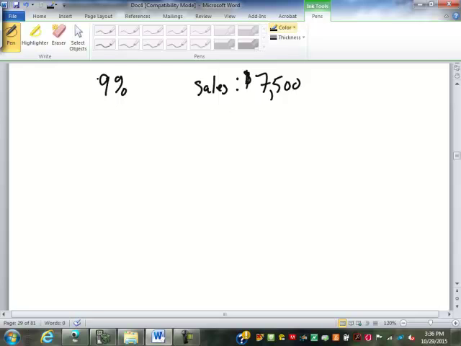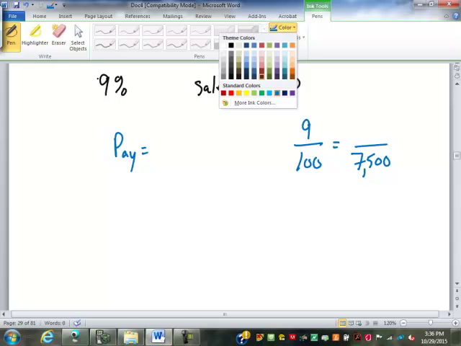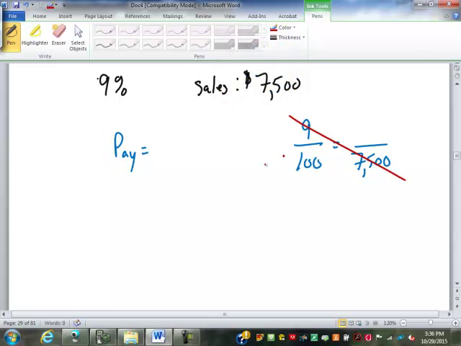Find what your pay for the week would be. $675? Perfect. So 9% is 9 out of 100. How much is that out of 7,500? You cross multiply and divide. You get $675.